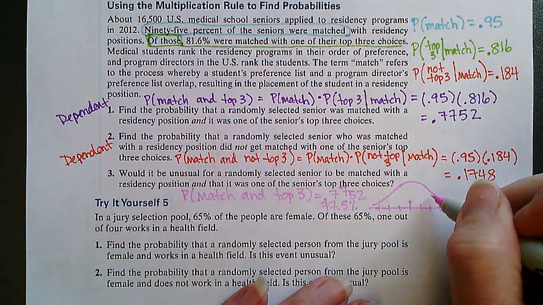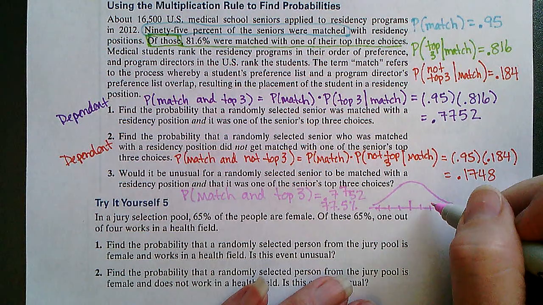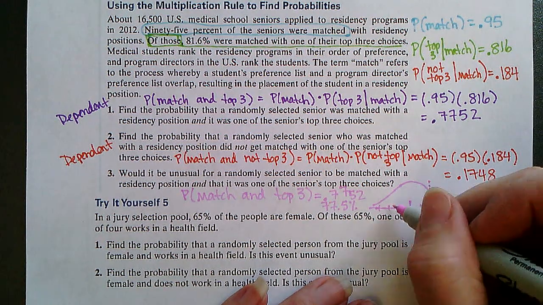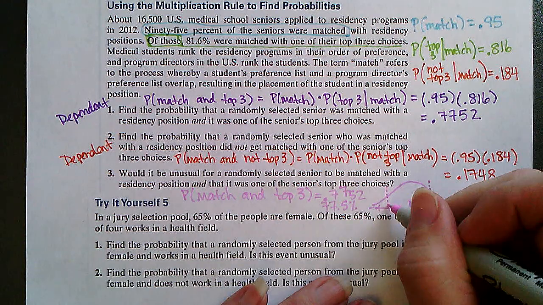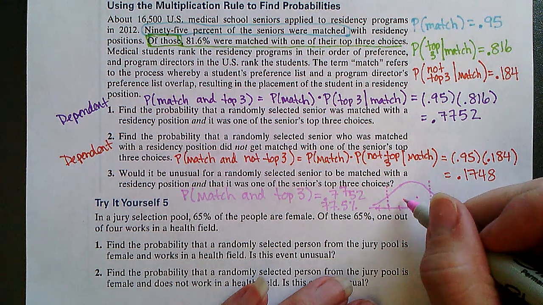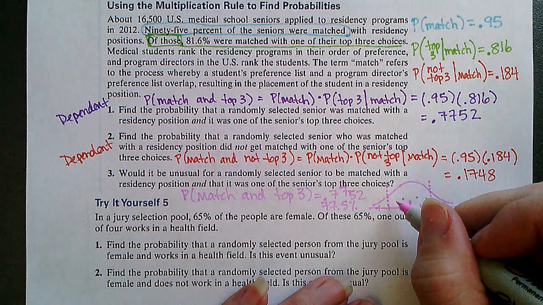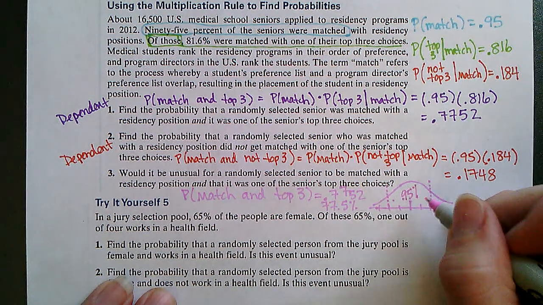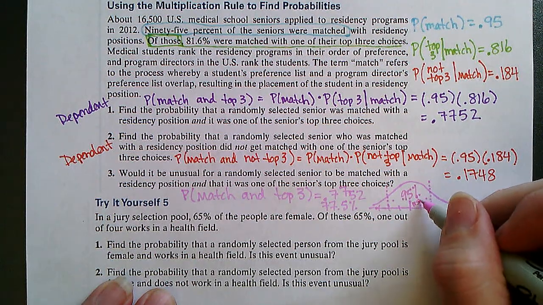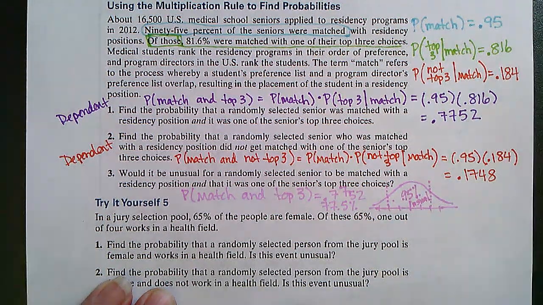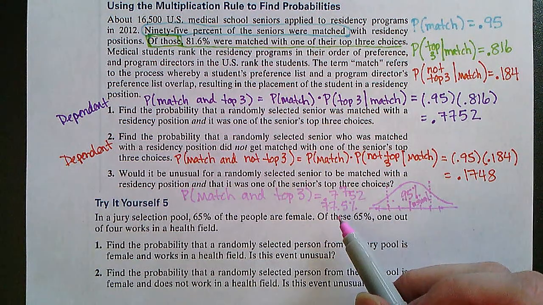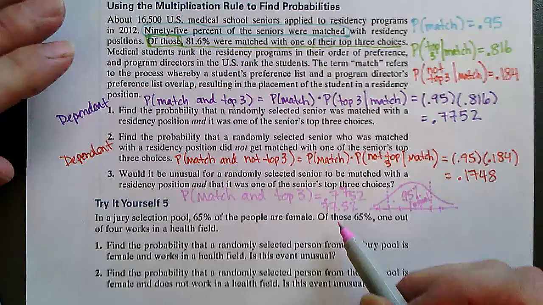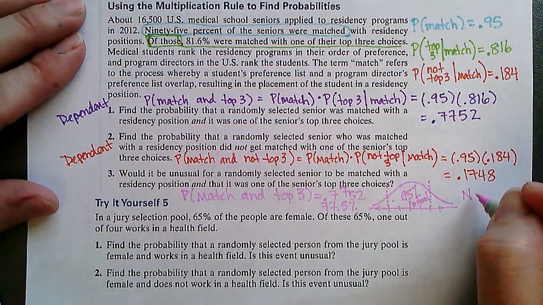But it was in here, within these 2 standard deviations from the mean. So remember, these 2 were each 34. These 2 were each 13.5. So that meant that 95% of our data would be in the usual range. So since 77.5% got matched and in their top 3, we would consider that to be not unusual.